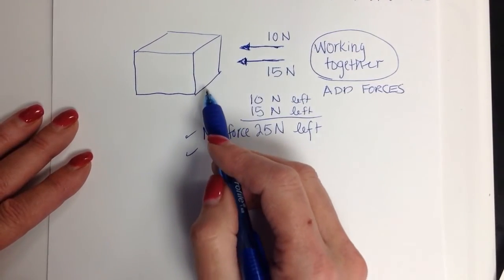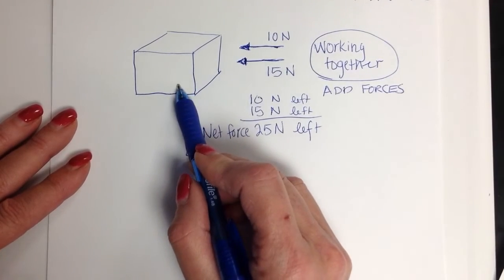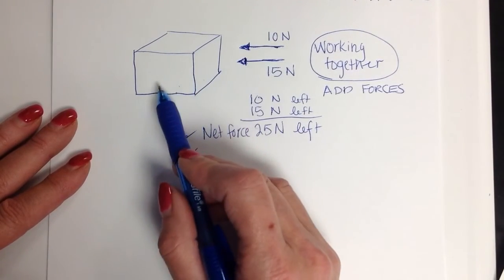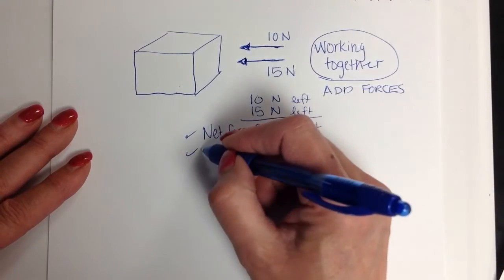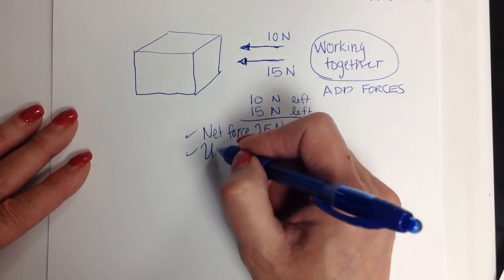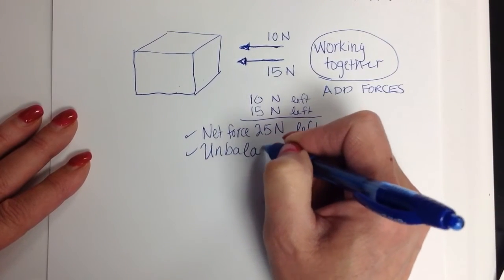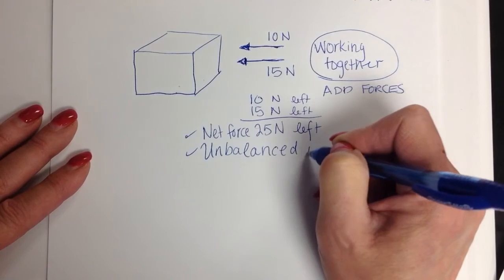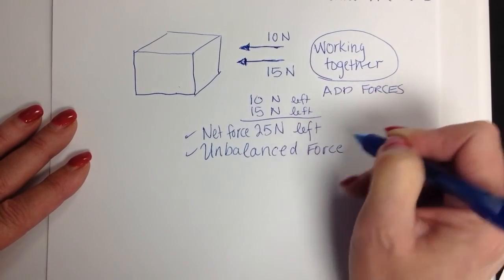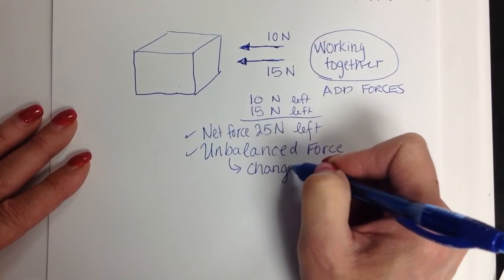So has the box's motion changed? Yes, it's changed because it was standing still. Now it's moving. So we have a net force of 25 newtons to the left, and this is an unbalanced force because unbalanced forces change motion.